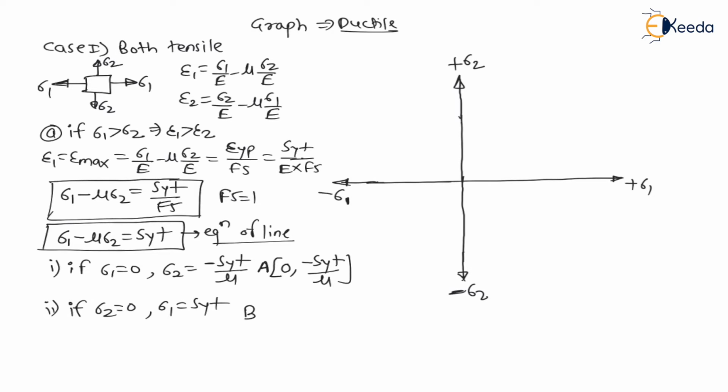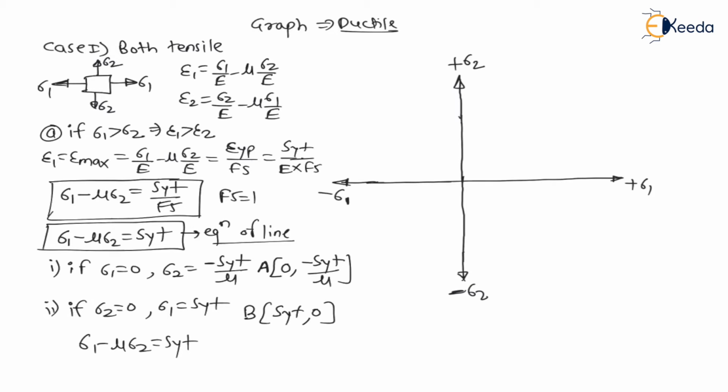Therefore I will get another point B, for which the coordinates are SYT comma 0. Therefore the line sigma 1 minus mu sigma 2 is equal to SYT passes through points A and B, because both A and B satisfy the line equation.